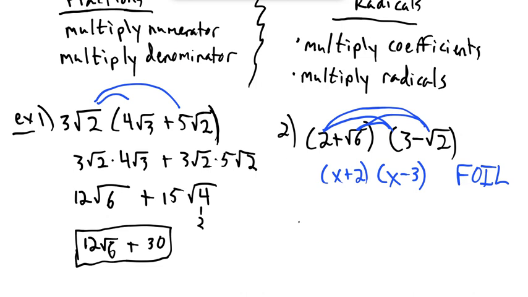So this becomes 2 times 3 gives us 6. 2 times negative square root of 2 is minus 2 root 2. Square root of 6 times 3 is plus 3 square root 6 minus, we have these two together, so 6 times 2 gives us square root of 12.